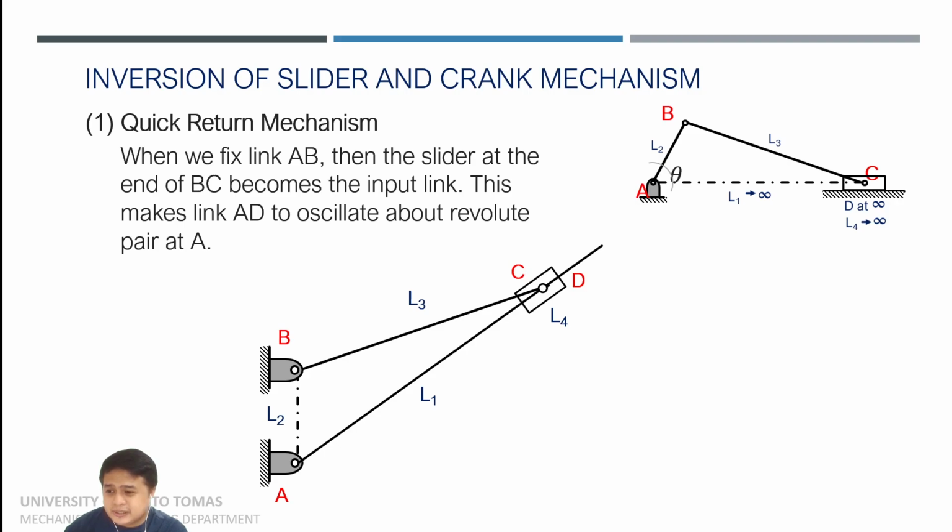As you can see here, this AD is a slot for the slider C, wherein the slider C can fully slide along this AD most of the time, and L3, this BC link, can fully revolve.